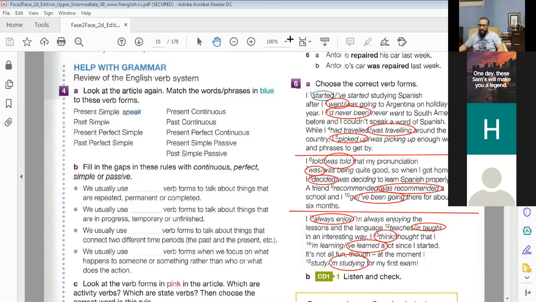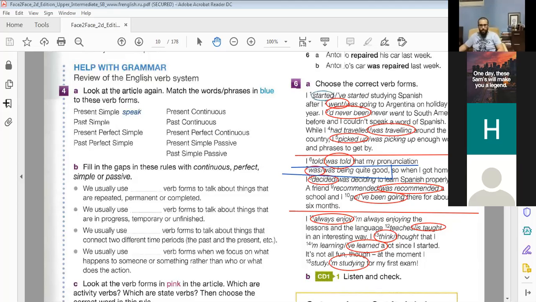Actually, there's a little sort of hidden something. Let me show you. So this part, I want you to tell me, all of this sentence, what kind of sentence is it? Passive. Passive, but it sounds a lot like reported speech, right?